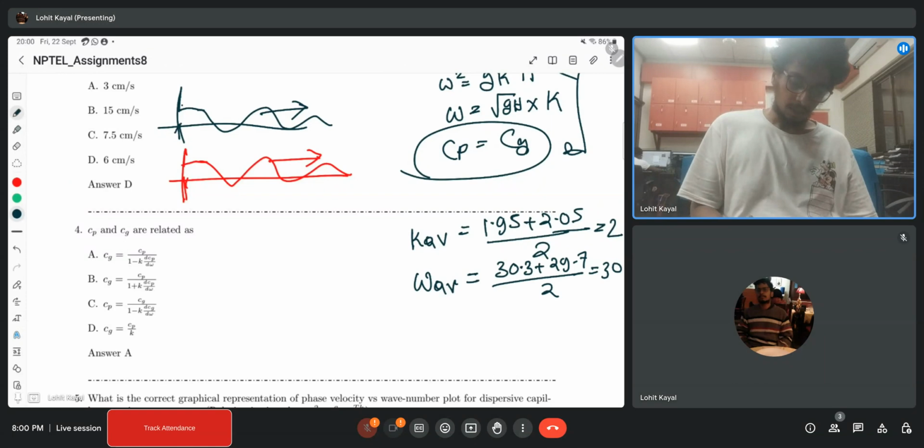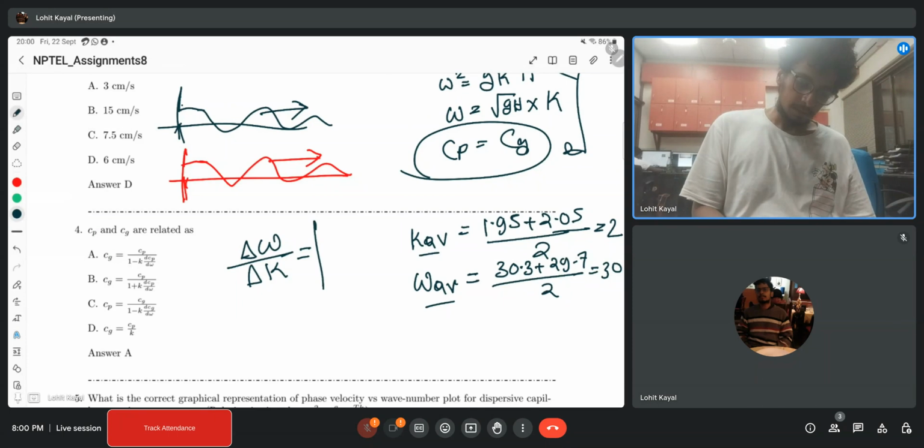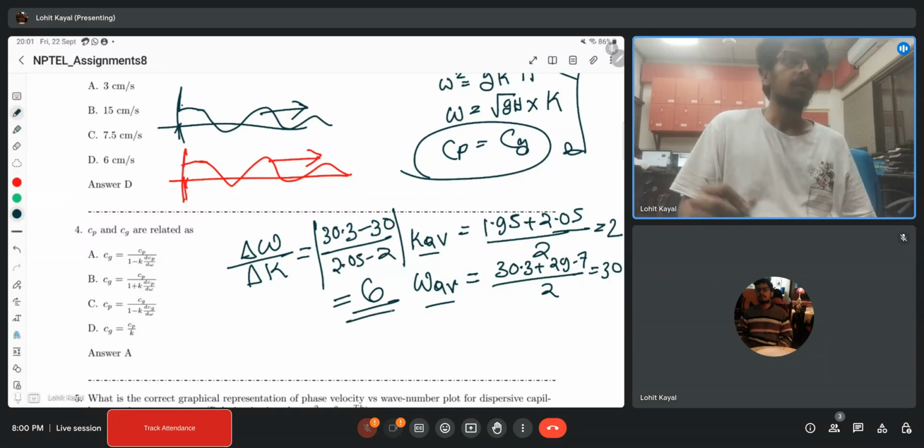Now what will be your delta omega by delta k? It will be the deviation from the average wave number, so it will be 30.3 minus 30 by 2.05 minus 2, and if you find the answer, it will be 6 centimeter per second.